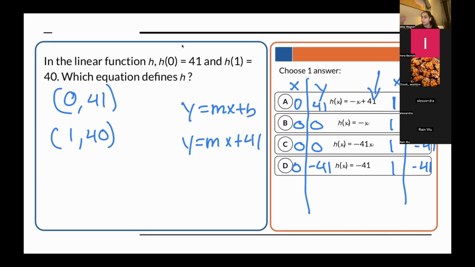You can check those things. But personally, I would just plug and chug. And if you're really fast with y equals mx plus b, you could see that the y-intercept is 41 and you can just pick whatever has the y-intercept as 41. The problem is answer choice D does too. So when you plug the second solution in, it doesn't work.